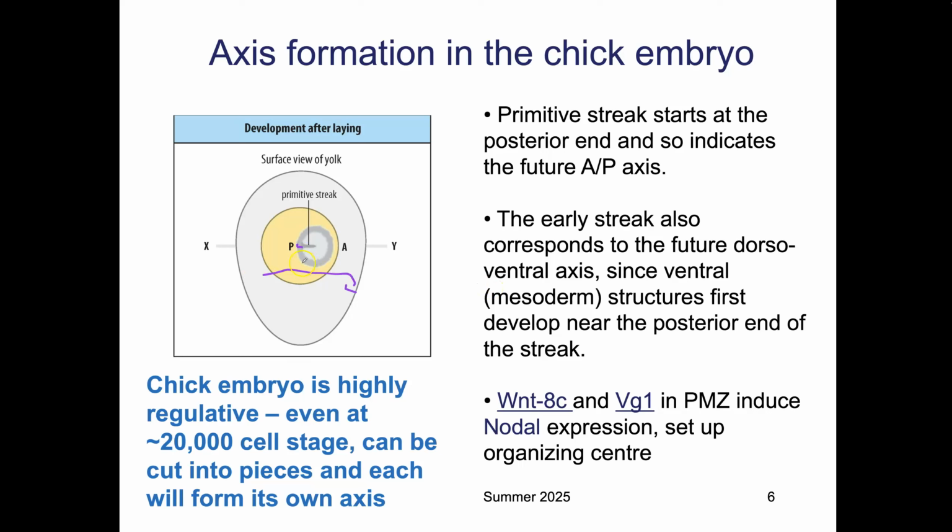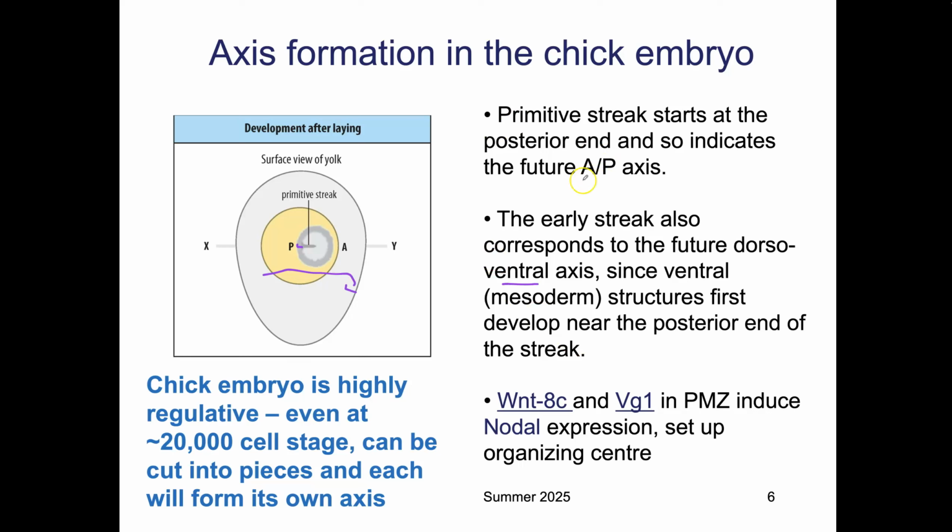The very early part of the streak, the cells that internalize, are destined to form ventral structures. As the streak moves more towards the anterior, it's more of the dorsal mesodermal structures. So things will rearrange inside the embryo at some point to lay them out properly.